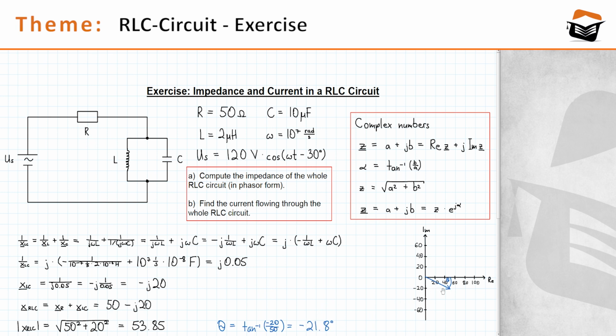You could also say that the voltage lags behind the current by that angle. On the other hand, if the phase shift angle was positive, let's say plus 21.8 degrees, you would have a situation where the voltage leads the current by that angle, or the current would be lagging behind the voltage.